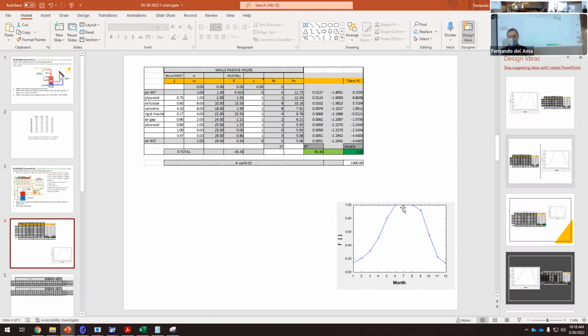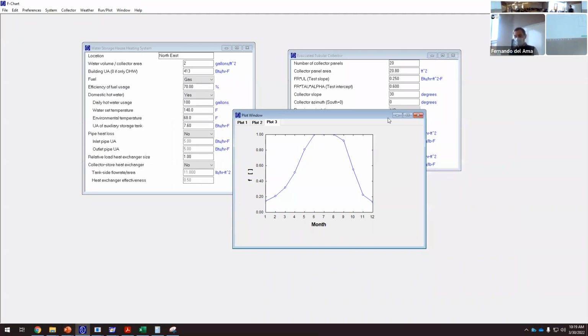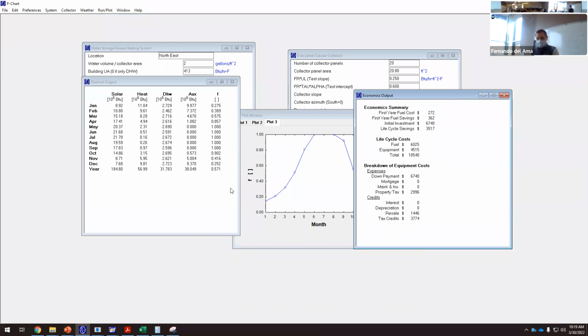What happens if I include more solar collectors? Instead of 10, let's say that we can have 20 solar collectors. If we have 20, I calculate again. And now the yearly value is 0.5, so we are increasing.